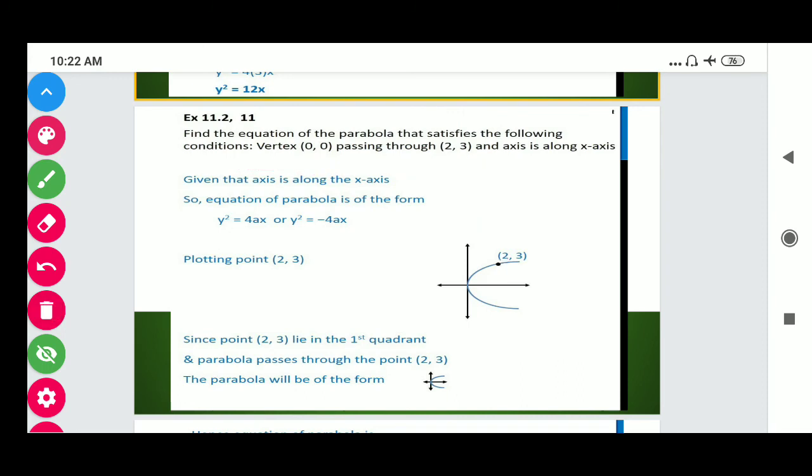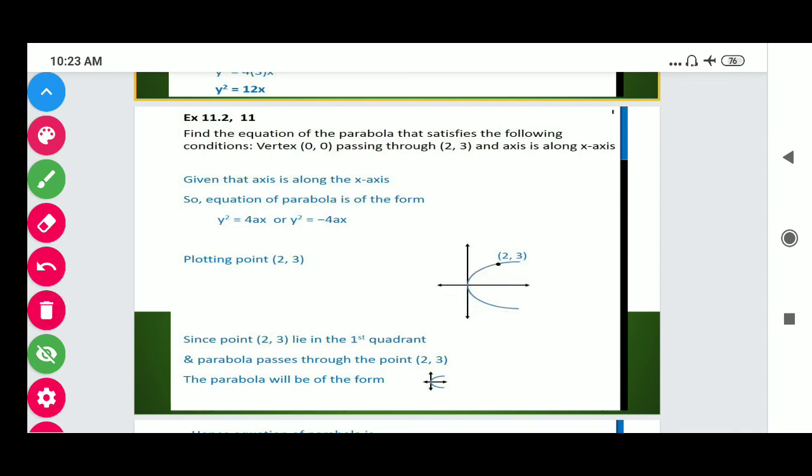Now given that the axis is along the x-axis, but it is not given whether the parabola opens in the positive direction or in the negative direction. Its mouth will open either in the positive direction of the x-axis or in the negative direction. So we have to decide this.